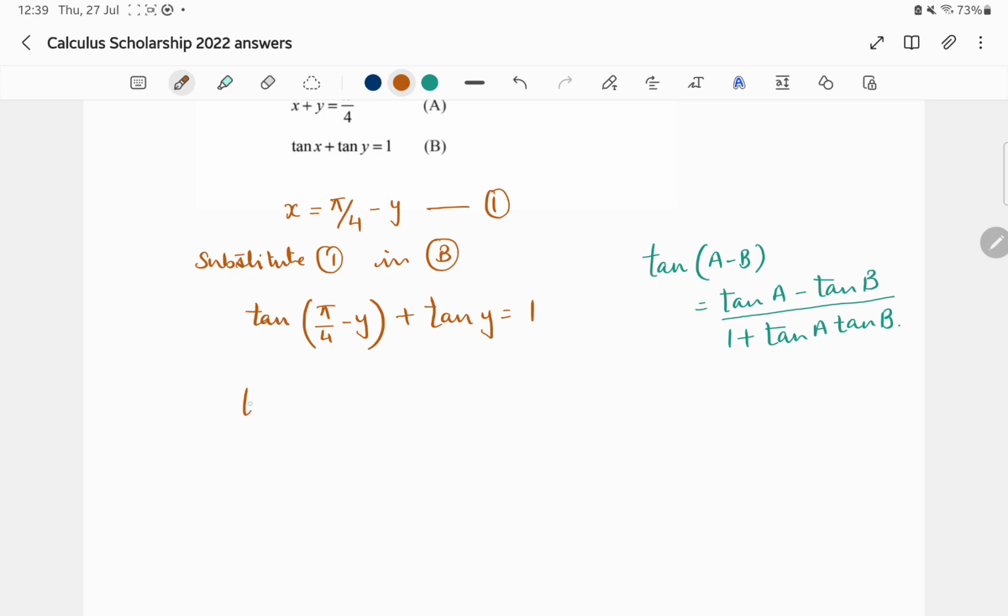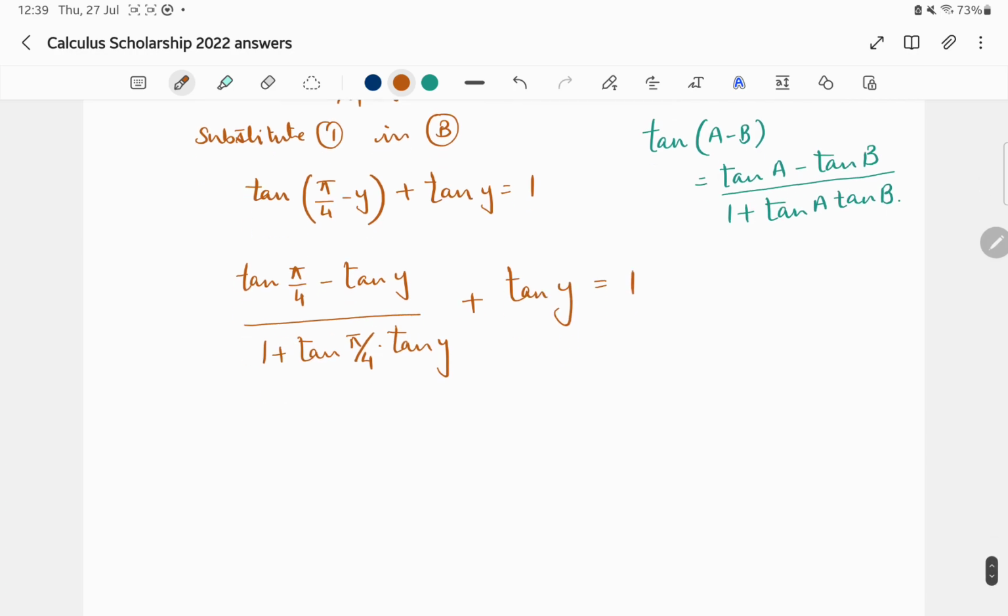So it's going to give us tan pi over 4 take away tan y over 1 plus tan pi over 4 times tan y. And then we have plus tan y is equal to 1 as well. Okay.